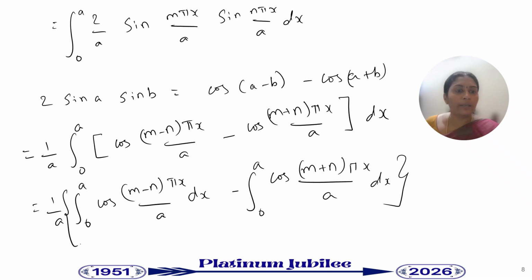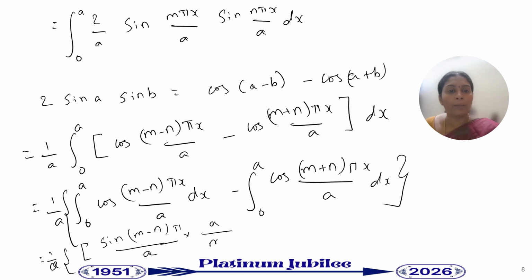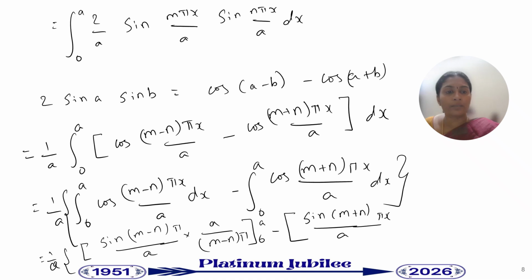By integrating this, we are going to get 1 by a, then sine((m minus n) pi x by a) into a by (m minus n) pi, with the limit 0 to a. Similarly, for the second term, it is going to be sine((m plus n) pi x by a) into a by (m plus n) pi, with the limit of integration 0 to a.